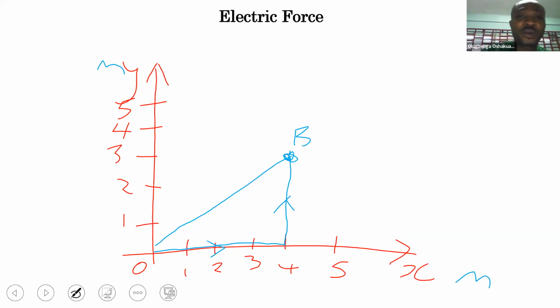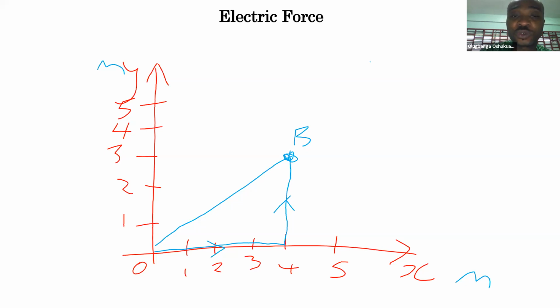And if you want to calculate how far I have traveled, a simple thing to do is to calculate the length of this line from O to B. And how do you do that? You treat it as a right angle triangle. Treating it as a right angle triangle means that we can apply Pythagoras theorem to determine the length of the hypotenuse.